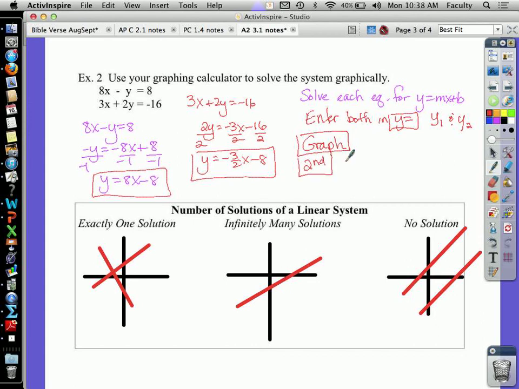Then you do second trace, and then you press number 5, intersect. And then you press enter 3 times. You just press enter, enter, enter through first curve, second curve, guess. Okay?